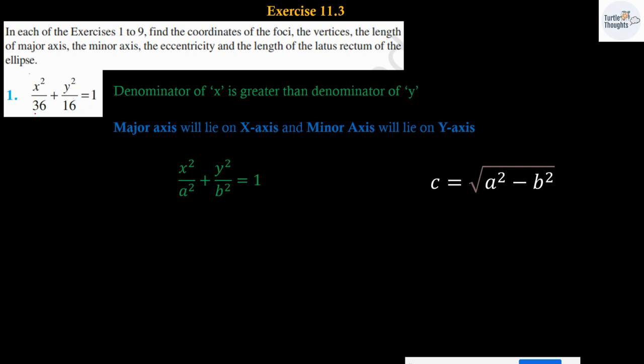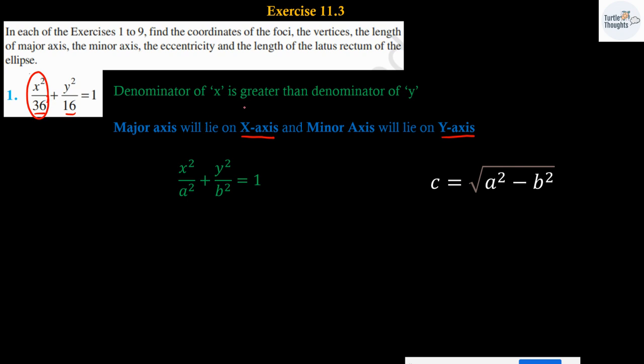On comparing 36 and 16, 36 is greater than 16. I can tell that the denominator of x square is greater than the denominator of y square. The major axis will lie on the x-axis and the minor axis will lie on the y-axis.